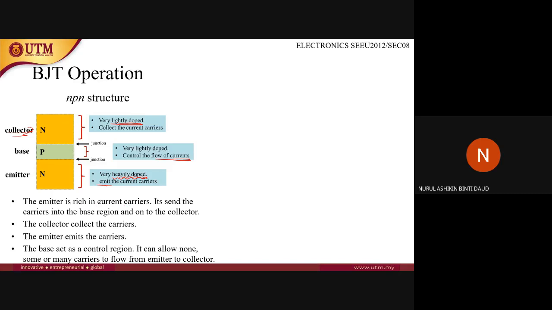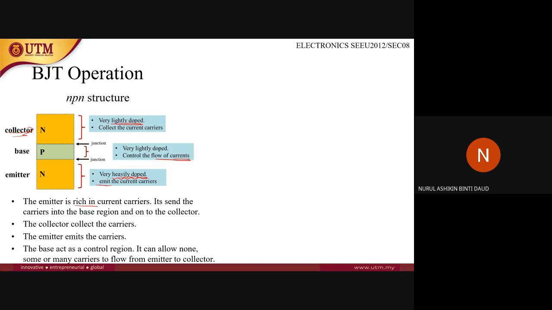Lots of currents will flow in the emitter. It sends the carriers into the base region and onto the collector. So the collector will collect the carriers, and the emitter emits the carriers.